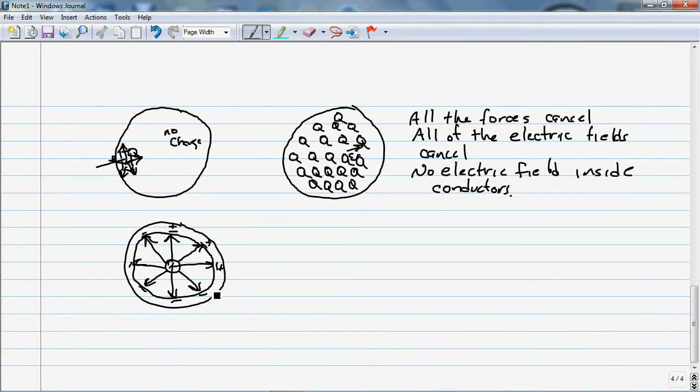So the negative charges are going to be placed on the inside skin of the shell, and the positive charges are going to be on the outer skin of the shell, and then these positive charges are going to have an electric field come out.